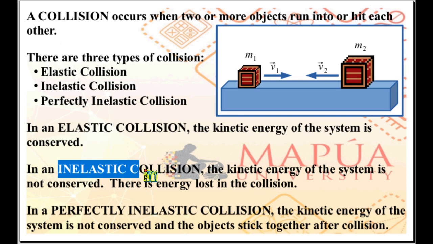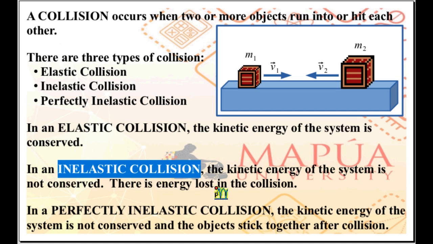However, in an inelastic collision, the kinetic energy of the system is not conserved. There is energy loss. Before the collision, initial kinetic energy. After the collision, final kinetic energy. The two are not equal. Final kinetic energy is less than the initial kinetic energy.